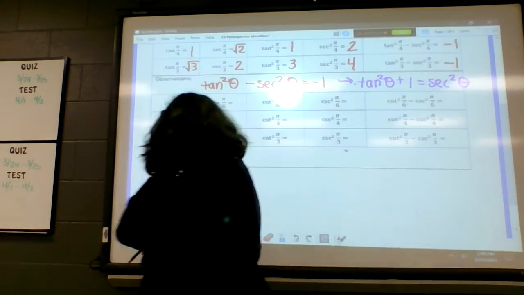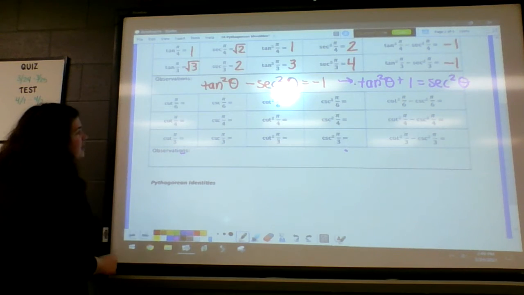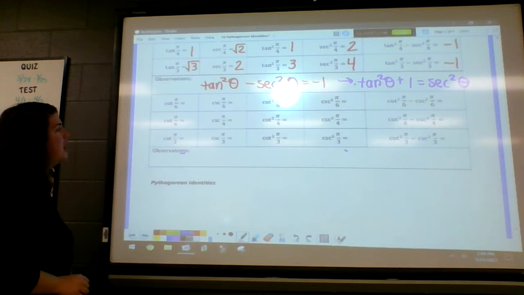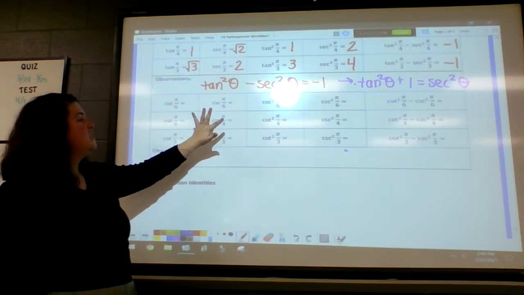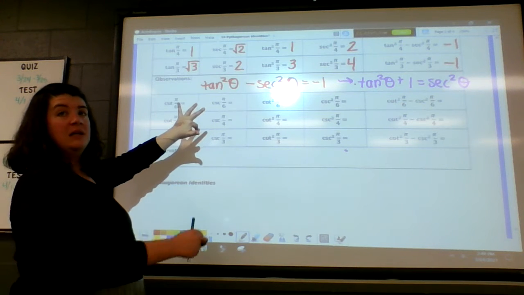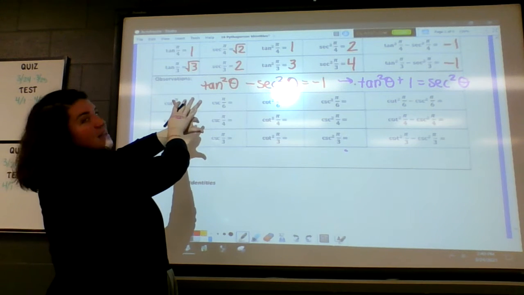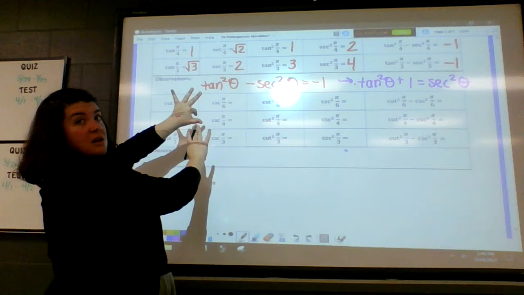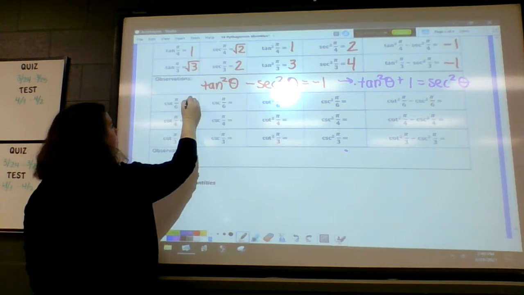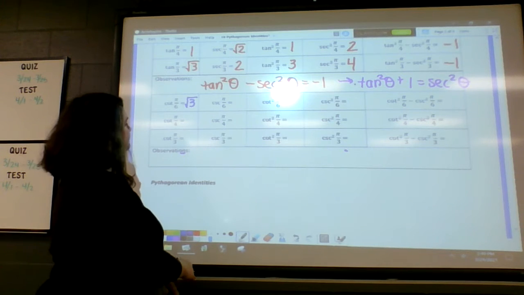Okay. All right, here's the last one. There is a relationship between cotangent and cosecant. So let's go ahead and fill in the first row. Cotangent of pi over 6. Cotangent is cosine over sine. So cosine is the square root of 3 over 2, sine is 1/2. Since square root of 3 is on the top, this will just be square root of 3.